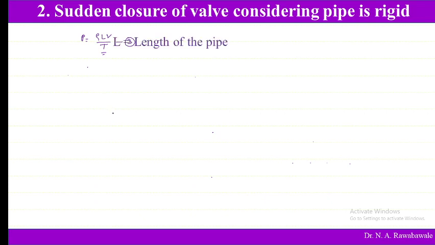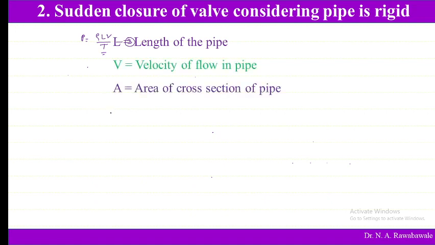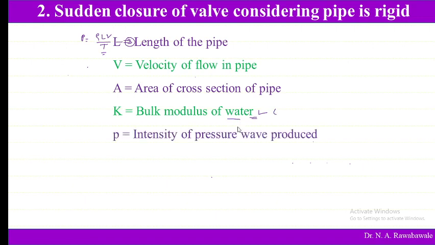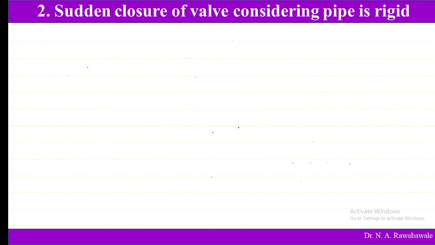Now let L be the length of the pipe, V the velocity of flow in the pipe, A the cross-sectional area of the pipe, and K the bulk modulus of water. We assume that the liquid flowing through the pipe is compressible. P is the intensity of the pressure wave produced and C is the velocity of the pressure wave. When the valve is closed suddenly, the kinetic energy or velocity is stopped, and that kinetic energy is converted into strain energy of water.